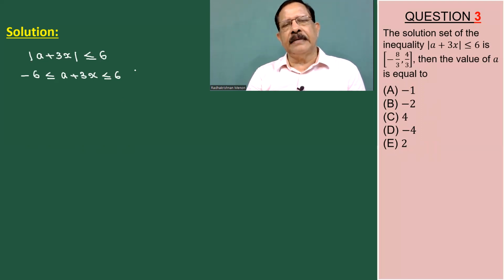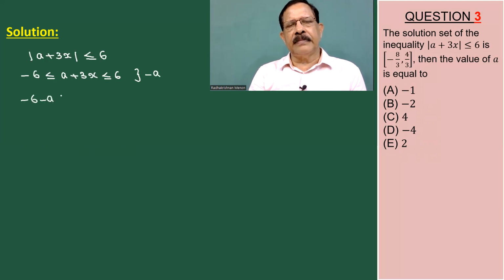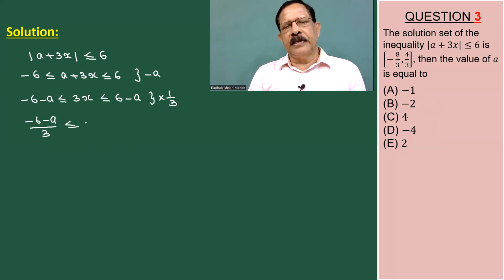So subtract a or add -a, both are same. -6 minus a ≤ 3x ≤ 6 minus a. Now divide by 3 or multiply with 1/3. So (-6 - a)/3 ≤ x ≤ (6 - a)/3.